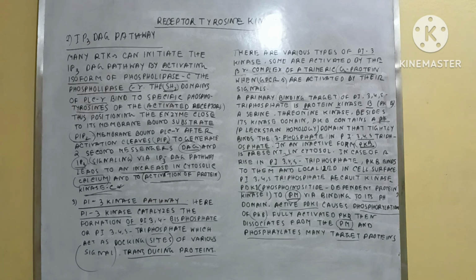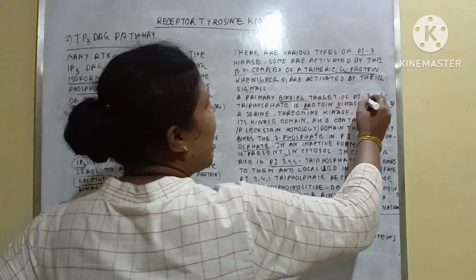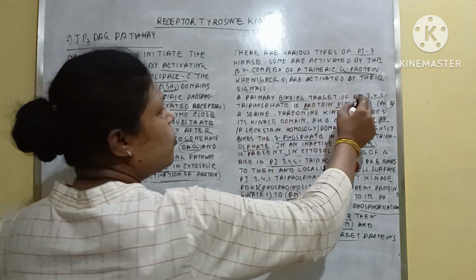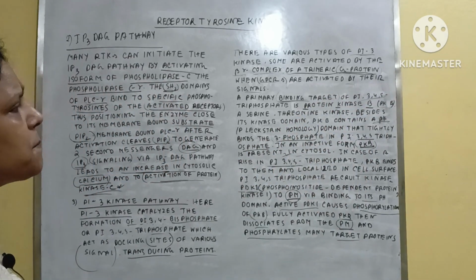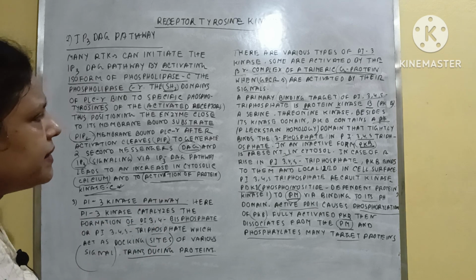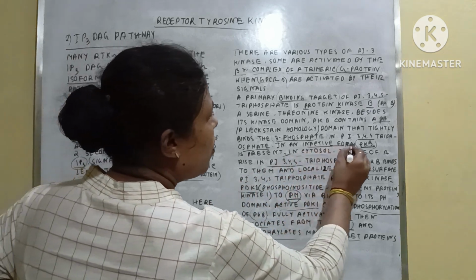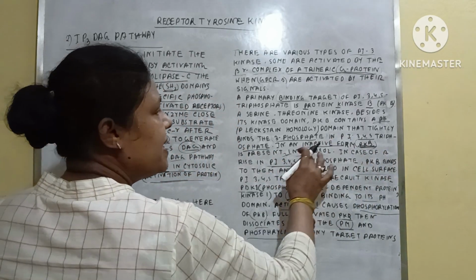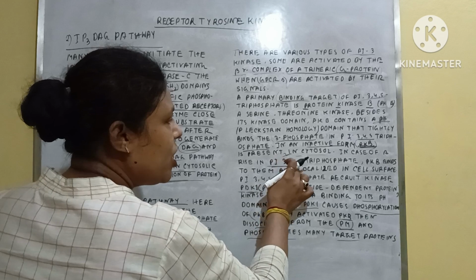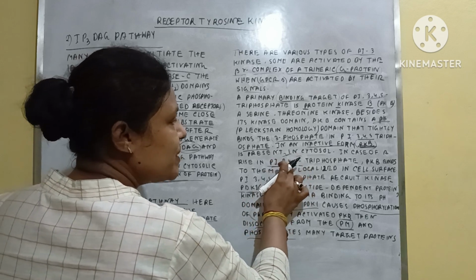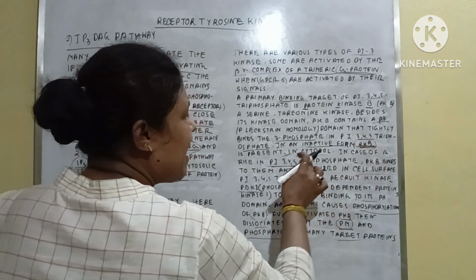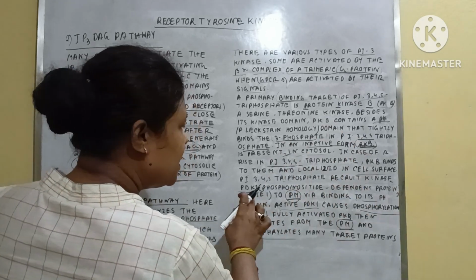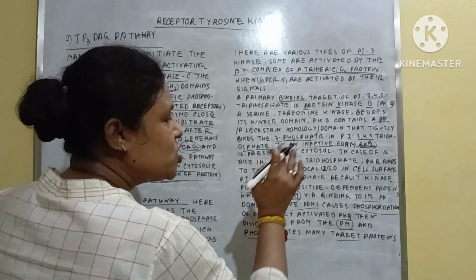So what is the role of actually this PI3,4,5-triphosphate? What is seen here is that the inactive form of PKB remains in the cytosol, but when the level of PI3,4,5-triphosphate increases, then PKB binds with that, and after binding PKB and triphosphate, another protein, PDK1, binds to them.